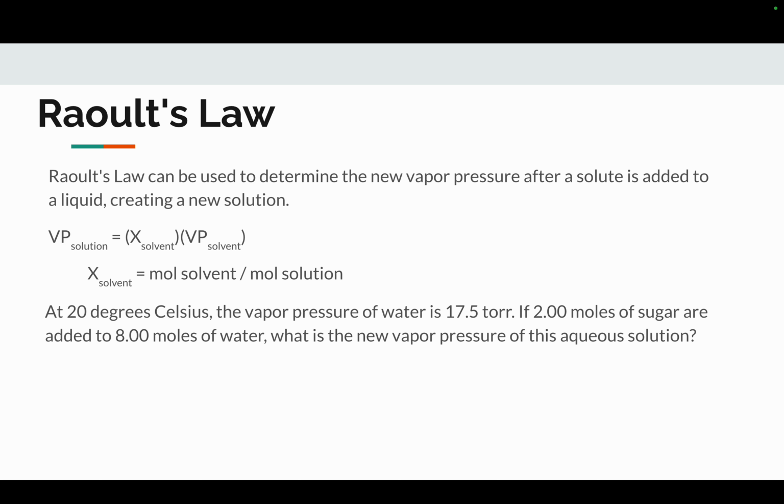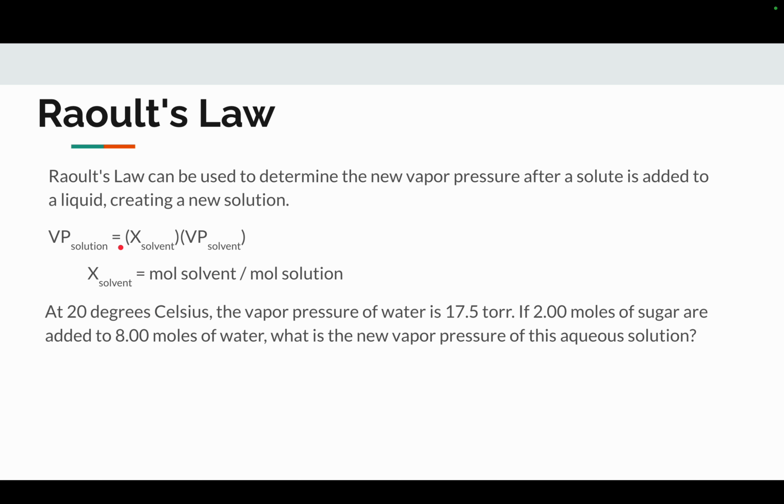Now, the formula is you take the mole fraction of the solvent and multiply this by the vapor pressure of the solvent. If you remember earlier, the solvent is the liquid, the water of a solution. On the screen right now, you can see that X solvent is just a symbol for the mole fraction.